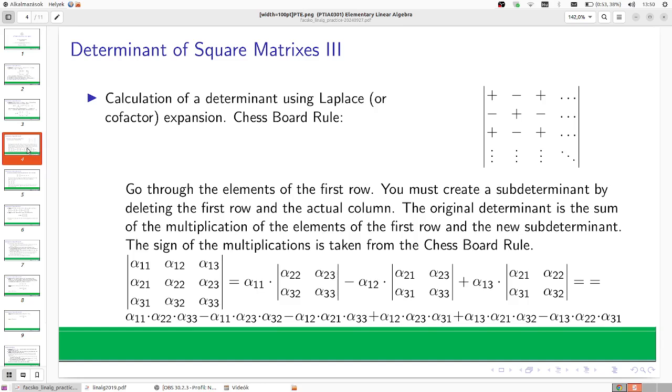So you have to do two things. Take this element, that's a constant. Then take this sub-determinant, and then using this you determine the sign. If you start here, it's plus. The next one will be minus. Not easy.